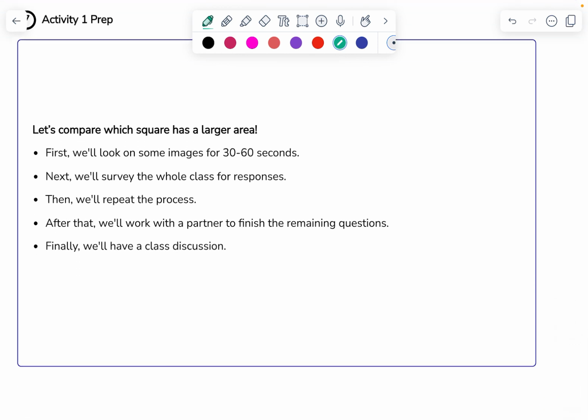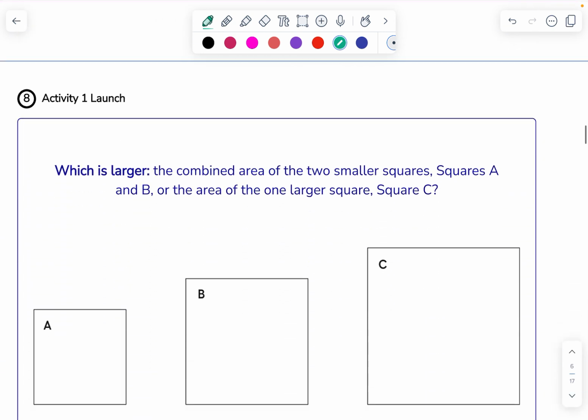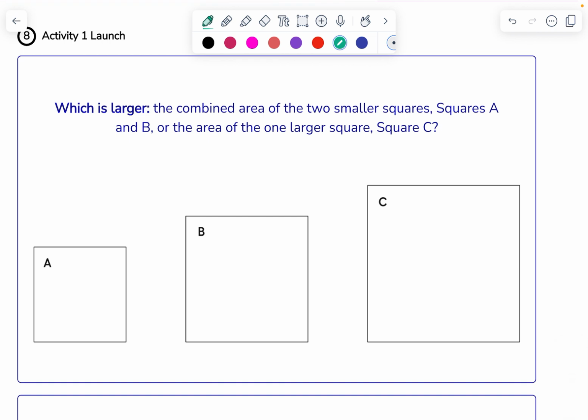Now let's compare which square has the larger area. Before we get into activity 1, let's take a look at this launch activity. Which is larger, the combined area of the two smaller squares, A plus B, or the area of square C?